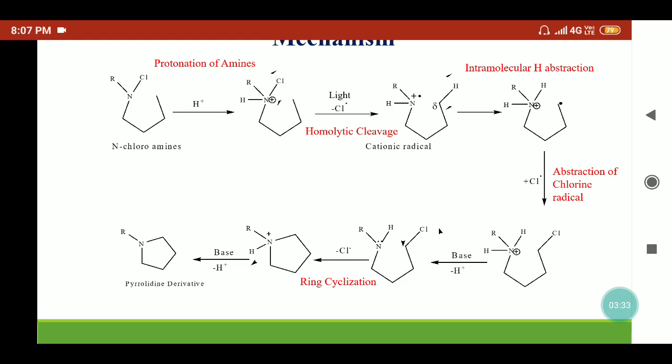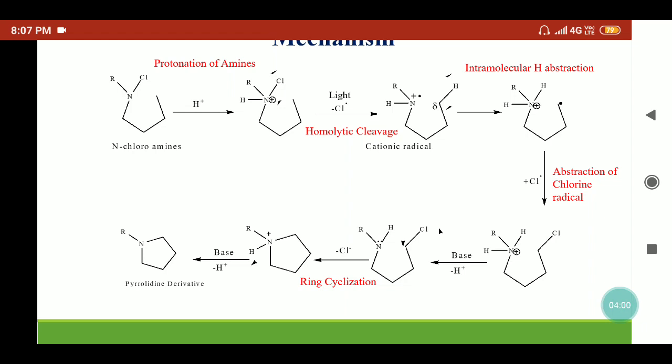tertiary amines product. In presence of basic media, hydrogen will be abstracted from the nitrogen and it will convert into amines. These amines will attack due to the nitrogen's lone pair on the delta carbon and releases the chlorine from this and gives the nitrogen containing 5-membered ring.